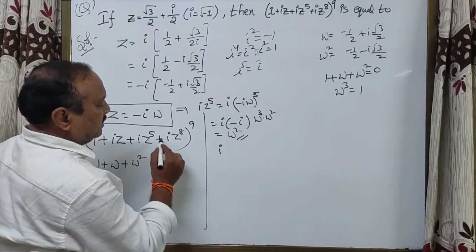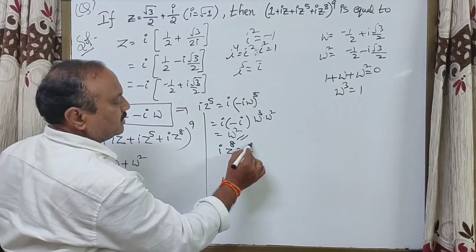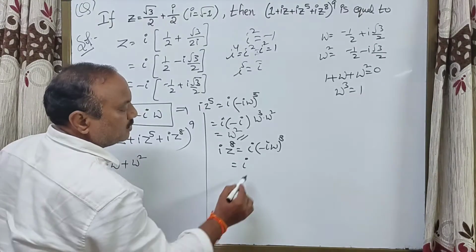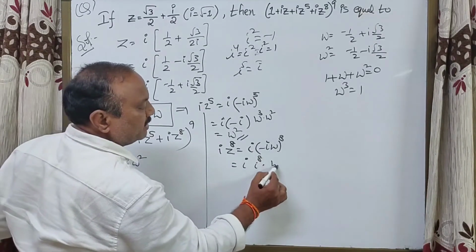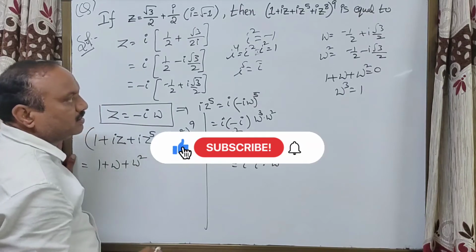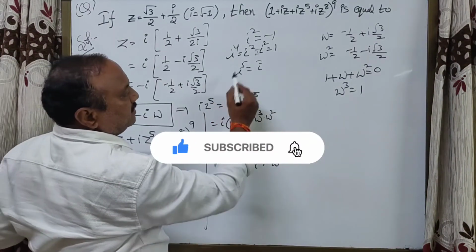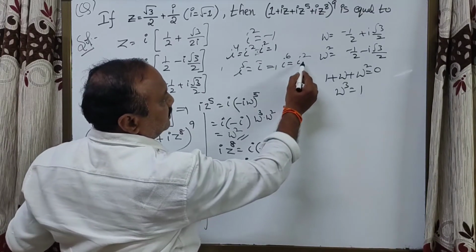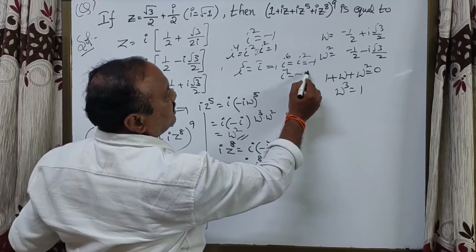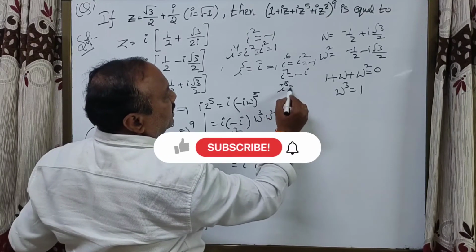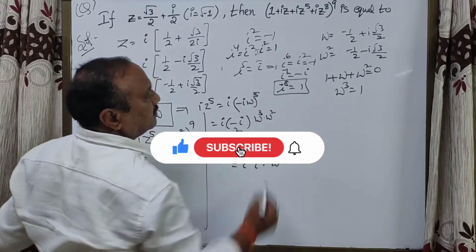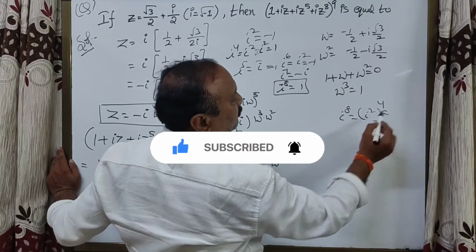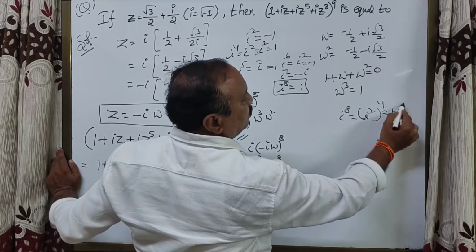Similarly here, i·z⁸: i into (-iω) power 8, i⁸ into ω⁸. See, i⁶ becomes i², it is -1, i⁷ is -i, i⁸ is 1. We write it as i⁸ like this also, (i²)⁴, i² is -1, whole power 4 is 1.